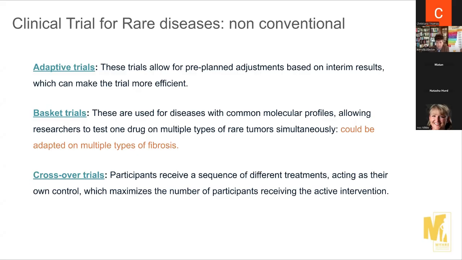So you can have liver fibrosis or muscle fibrosis or tracheal stenosis or different types of fibrosis with the same molecule, which means that in that clinical trial, you will have enough patients, enough of a variety of patients, and you increase the number of patients.